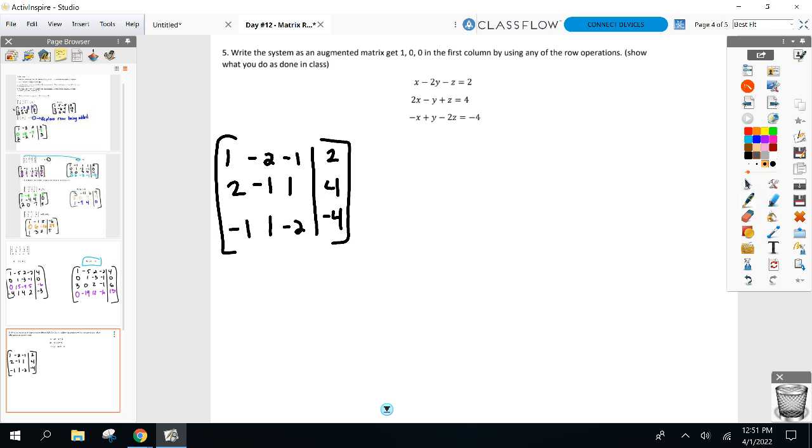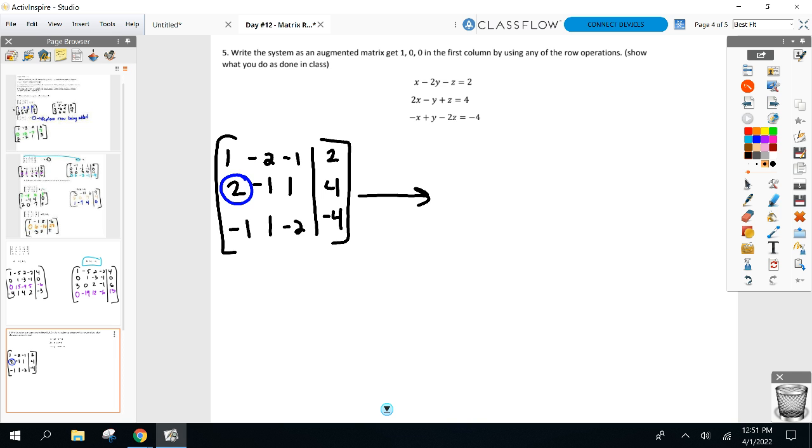Our next job. How in the world am I going to change that 2 into a 0 without multiplying row 2 by 0? You're not allowed to do that. Let me help you out. There's a reason why I want a 1 here, so you can use it. What are you going to have to add to get a 0?